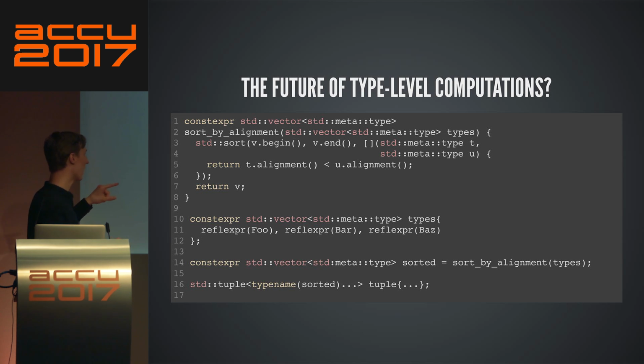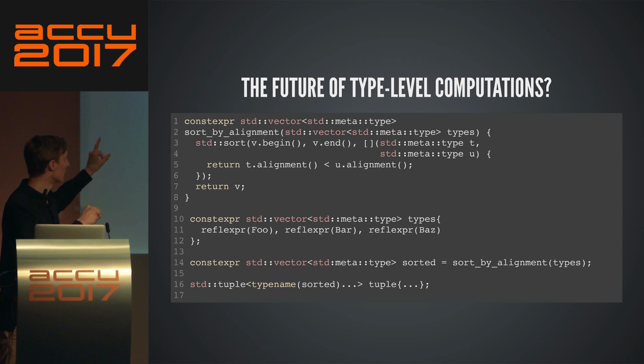And then once you have this constexpr vector, what you want to do is actually influence your program with it. The way you do that is we need some kind of way of getting from a std::meta::type back to an actual type, and then some way of extracting the elements of a compile time sequence into something like a parameter pack so that you can influence the program.